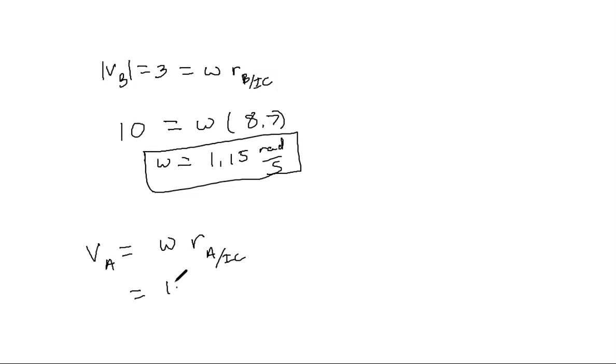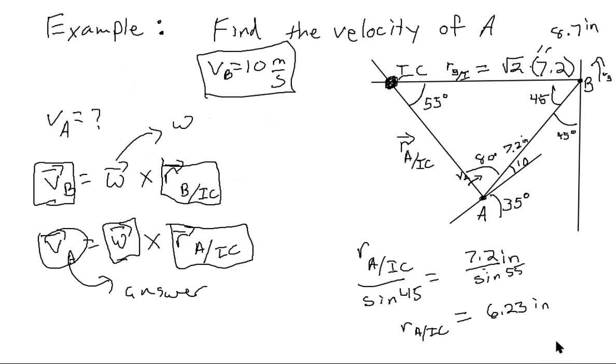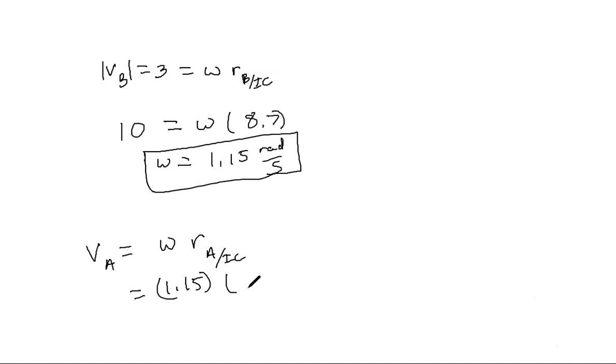So this is 1.15 times, go back, see what we wrote down, 6.23, and we get 7.16. And it would be inches per second if we were to keep all the units.